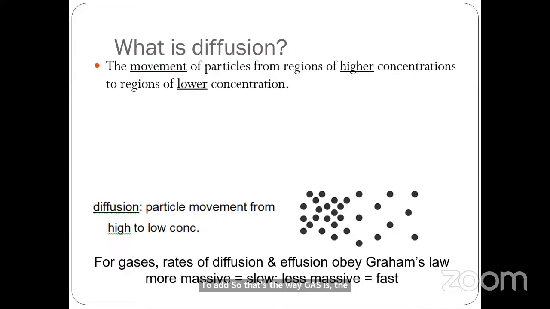And that rate of diffusion is dependent on the mass of those gases. Gases with low molecular weight will diffuse faster. The rate of diffusion will be very fast. Gases with higher molecular weight, the rate of diffusion will be slower.